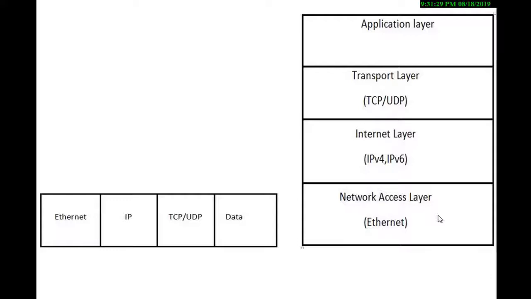It sees that it is the true packet, so it won't drop it, and it will deliver it to the next higher layer. Again, based on the information in this field, it knows which protocol of the higher layer it should deliver this packet to. In this case, it is, let's say, IPv4.